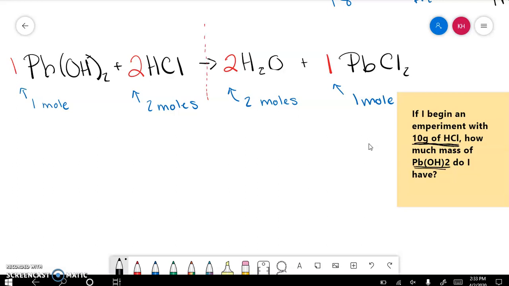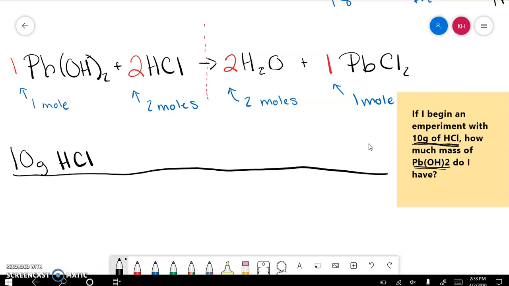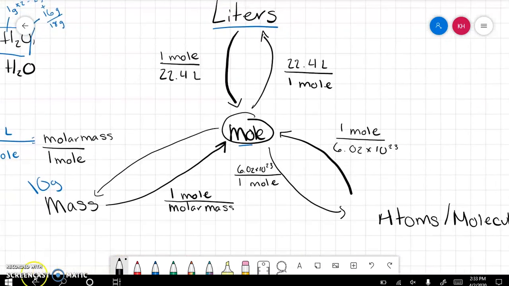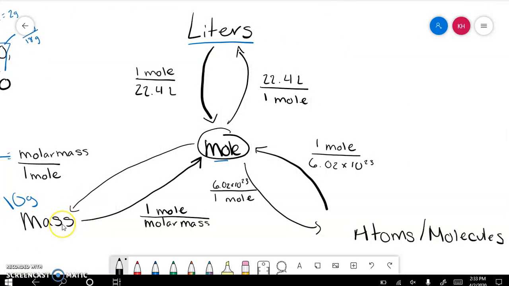So I've got to start it the same way I normally do. I've got to put my given in the box. I've got 10 grams of HCl. And I'm going to make my little chart like usual, just like that. I'm going to put my starting point. When we look at the Y chart again, remember now we're going from mass back to mass. So we're staying just in this branch right here.